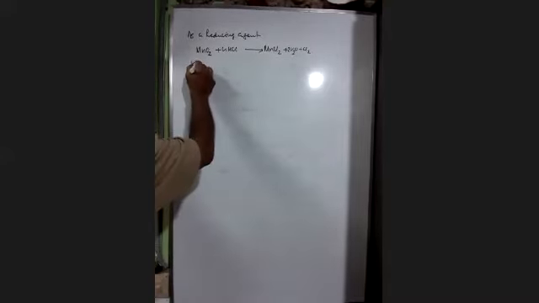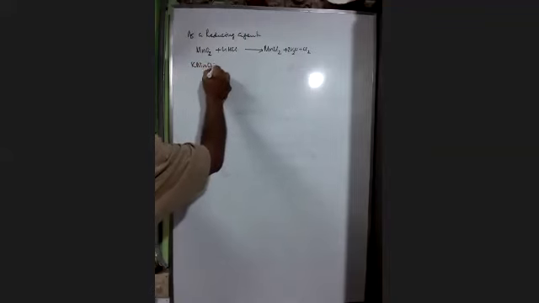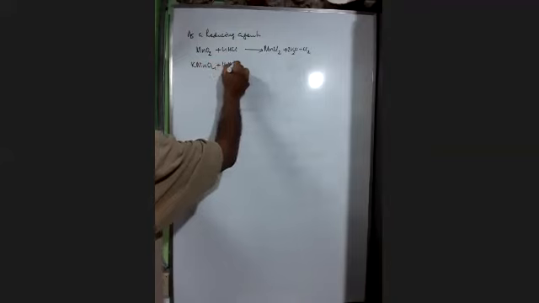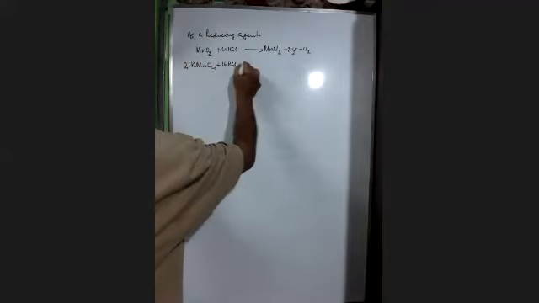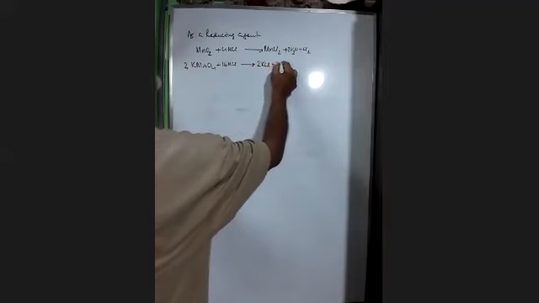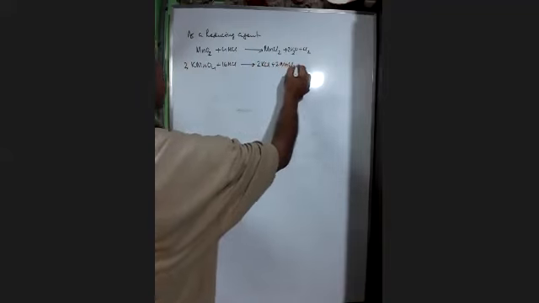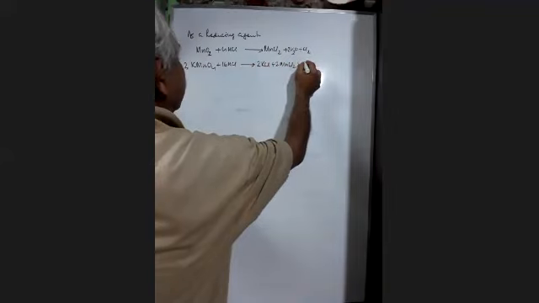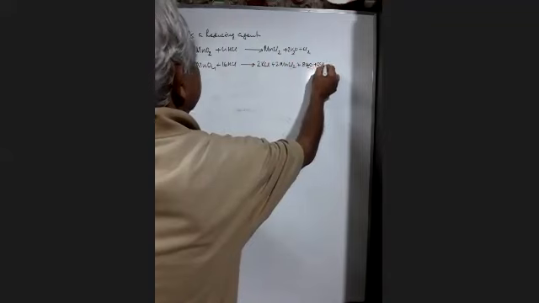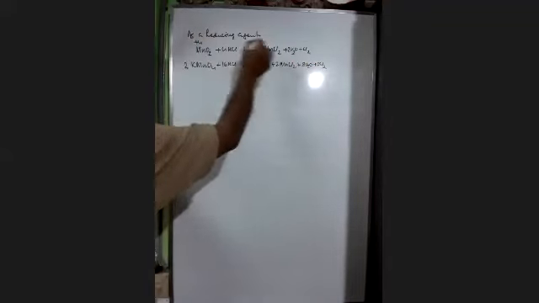Now, suppose I have taken here KMnO4. And here I write 16 HCl. Remember, this equation I have also done for you. So it is 2 KCl, 2 MnCl2, then 8 H2O plus 5 chlorine. How do you know it's being reduced? See, this is plus 4, this is plus 2.